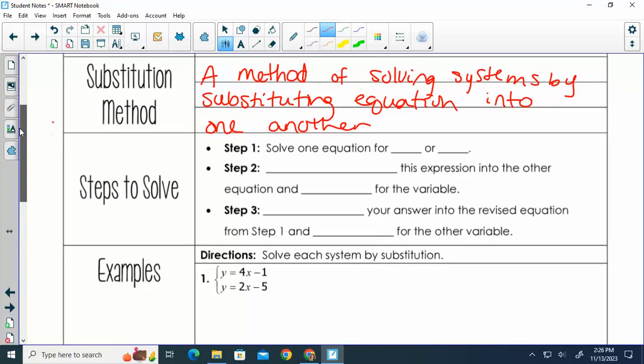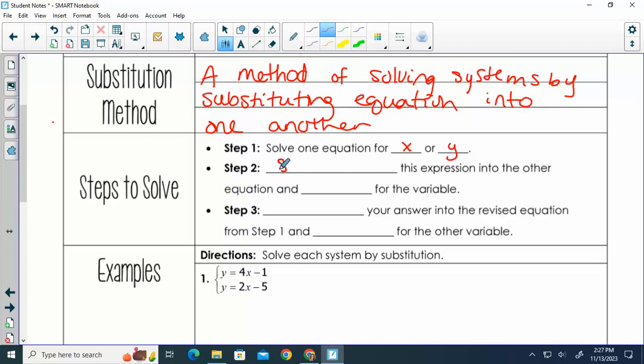So to do this, we have to take one of the equations and solve it for either x or y. It will not matter which equation or which variable, but you want one of the equations to be x equals something or y equals something.